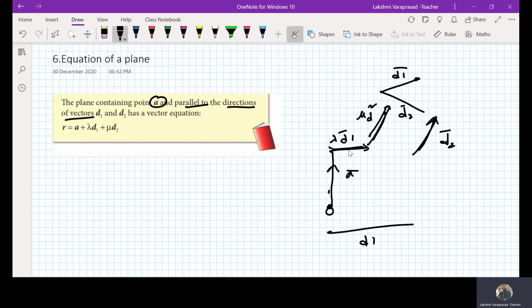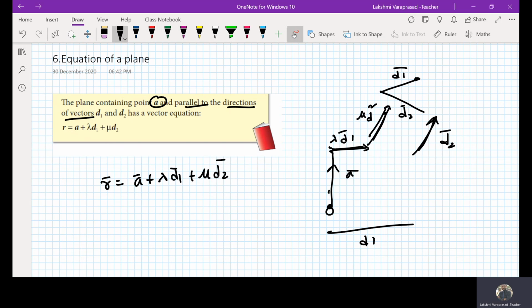Now consider any point on this plane. That point, from the origin, we can represent as a vector. It can be written as A bar plus lambda into d1 plus mu d2 bar.